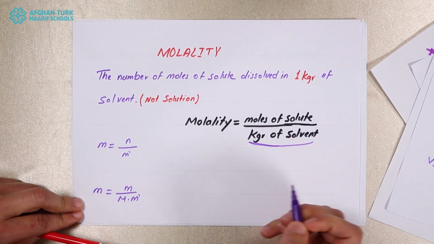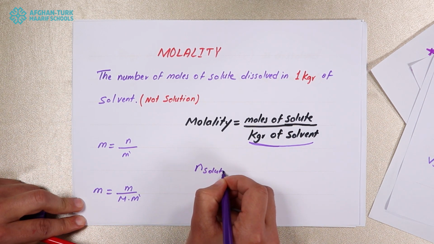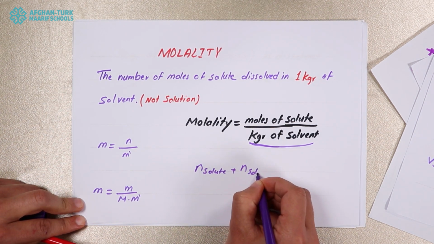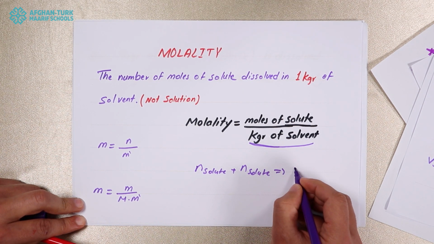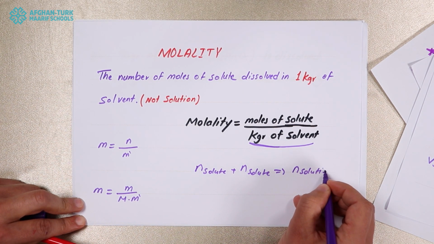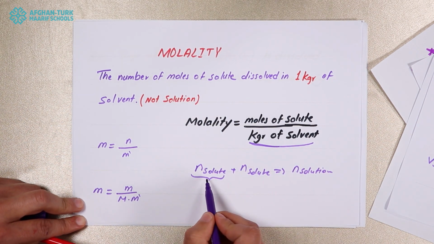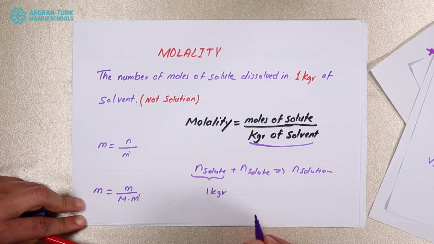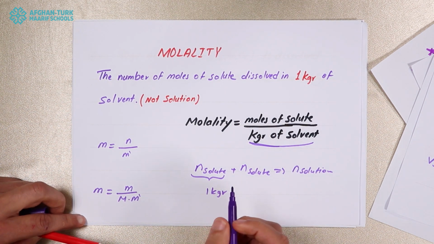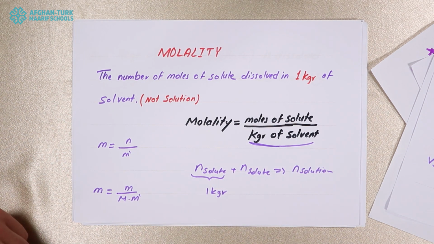Mole of solute plus mole of solvent gives us mole of solution. When finding molality, we dissolve the mole of solute in 1 kilogram of solvent, not solution. According to this definition, we can write a formula.